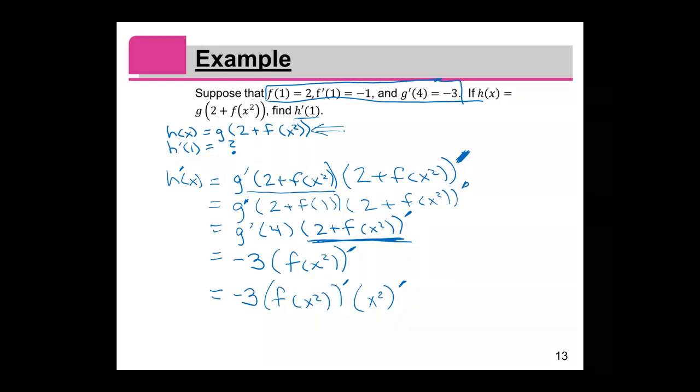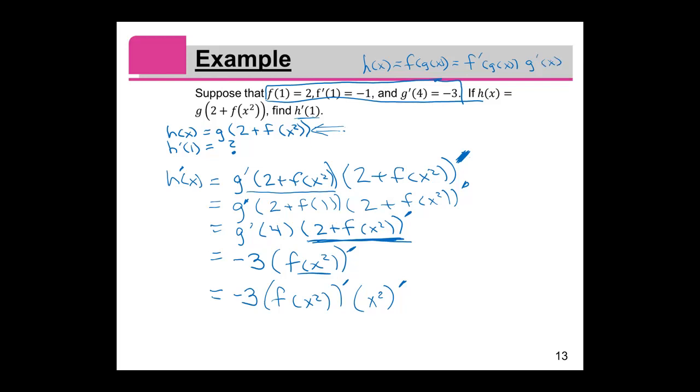Yes or no? You kind of lost me on that part. Well, we're doing the same thing here that we did up at the top. We're using this thing that says if I have h of x equals f of g of x, then that's going to be the derivative of f of g of x times the derivative of g of x, right?